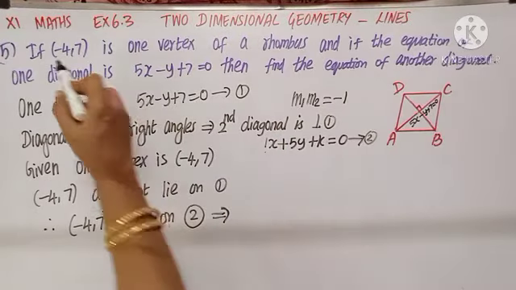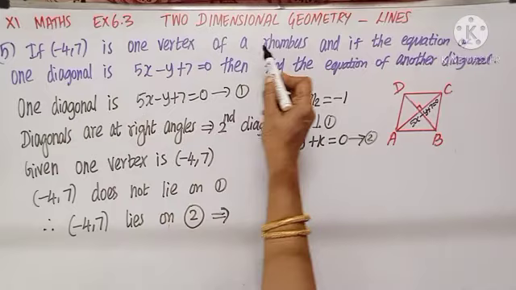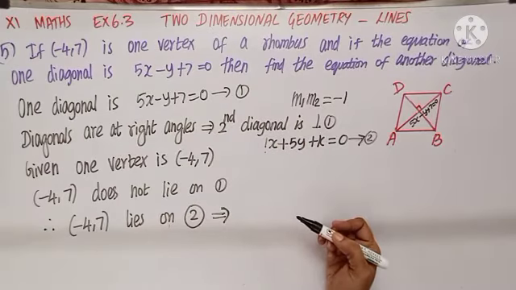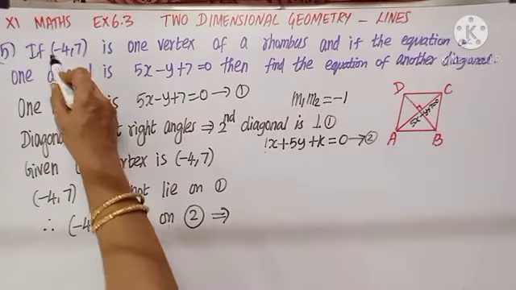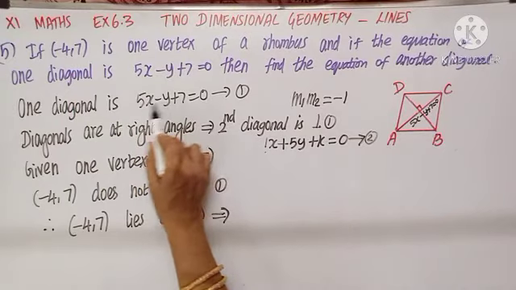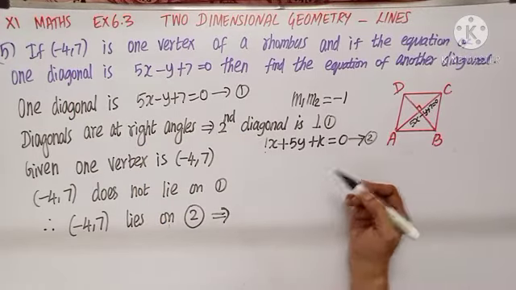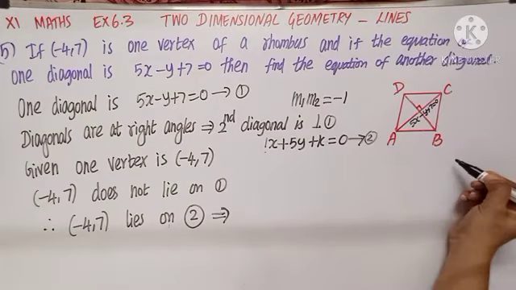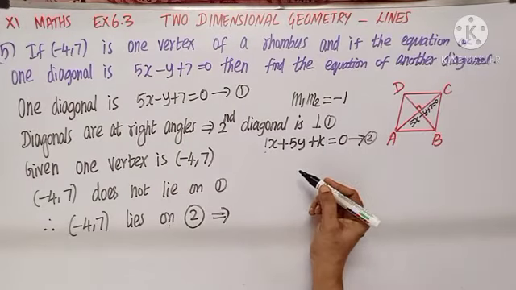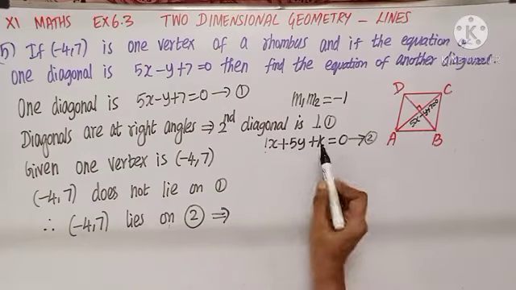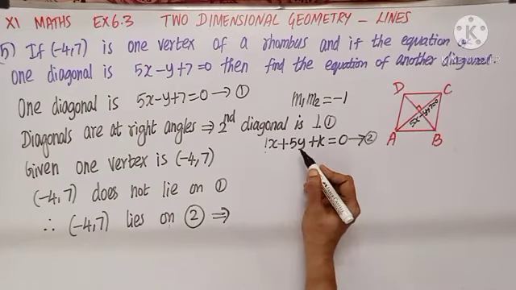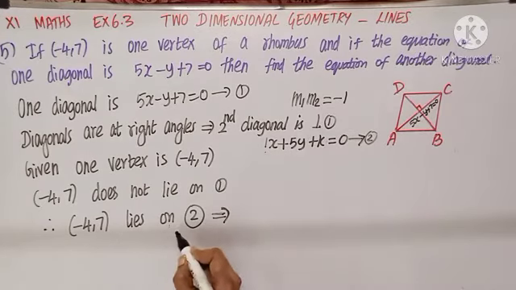Given (-4, 7) is one vertex of a rhombus. (-4, 7) does not satisfy number 1, so it must lie on the second equation. What do you mean by lying on?